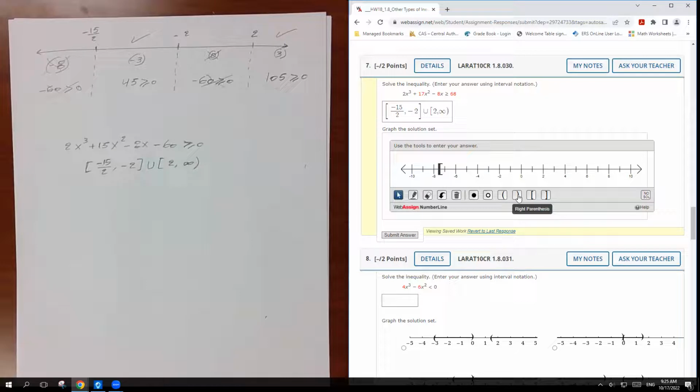And negative 2 with a bracket also. Here is negative 2 with the bracket. And the second one is from 2 to infinity. We need to draw a line here between these two.